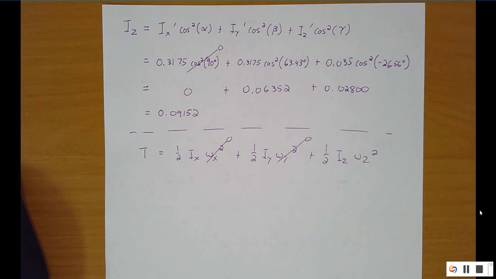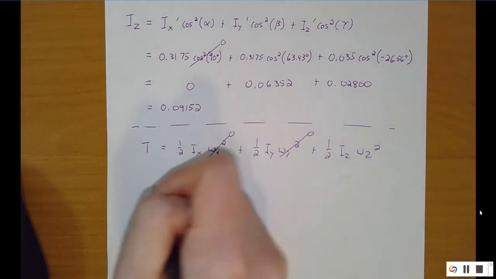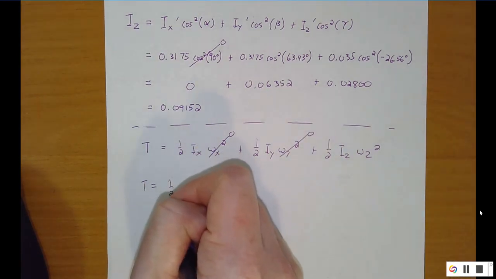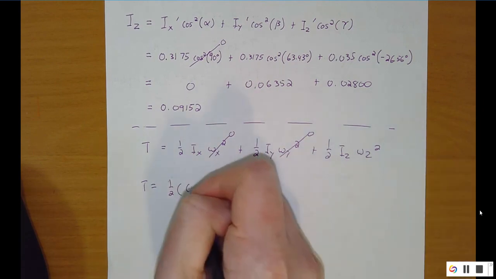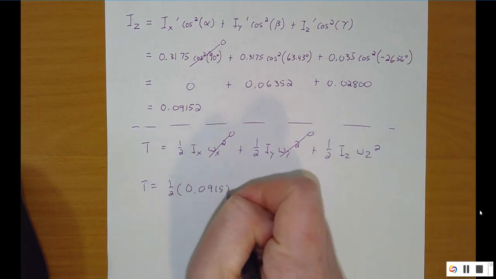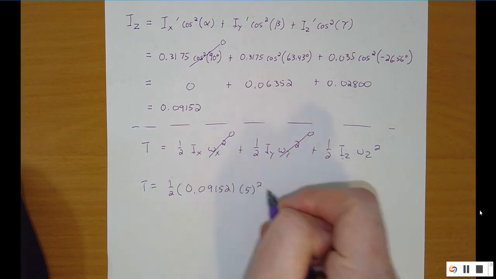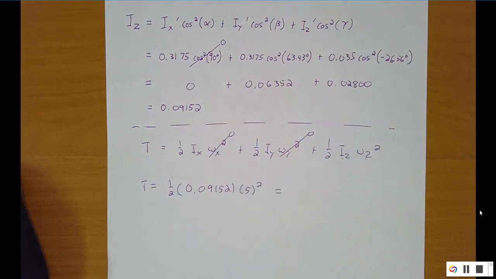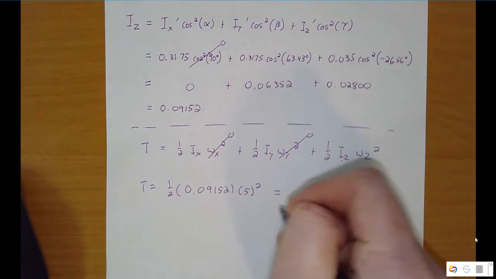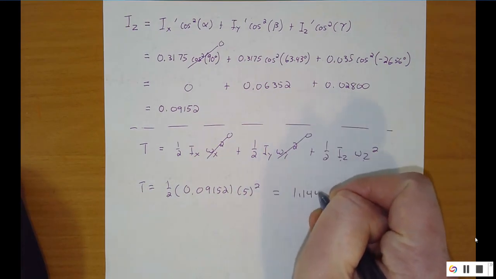So this just becomes 1/2 times 0.09152, the number we just found, and then our omega z is 5, squared. You plug that into a calculator and you will get 1.144 joules of energy.